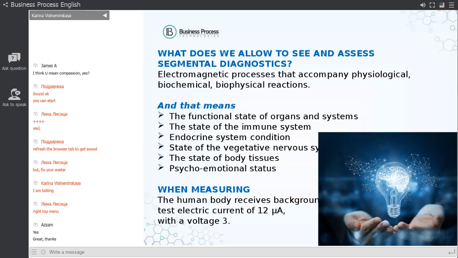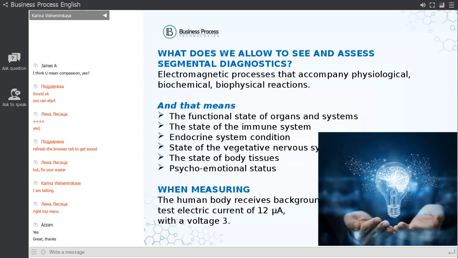So we all know that biochemical and biophysical reactions in our body are accompanied by electromagnetic processes. During our test, we measure these electromagnetic processes in the body. What does it mean? What are these processes?